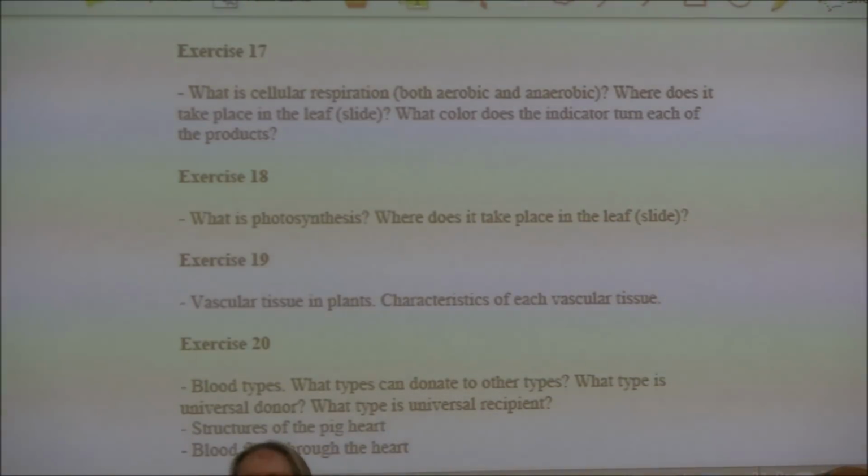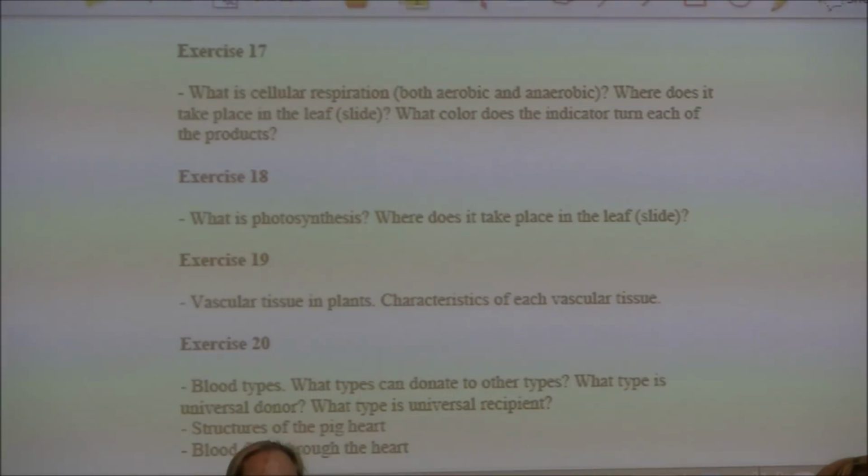So the pointer is pointing to the mesophyll and it asks you, what processes take place in this tissue? You can tell me. Okay? Aerobic. We're not finished yet though.